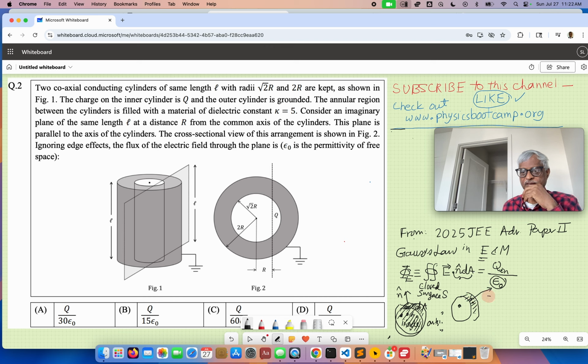It will be modified by epsilon, which is the dielectric constant times epsilon naught. So you replace this with that, where K, kappa, is the dielectric constant of this medium. Okay.